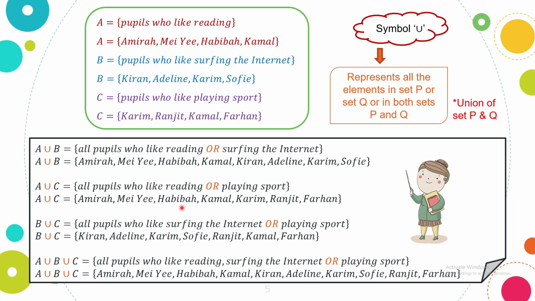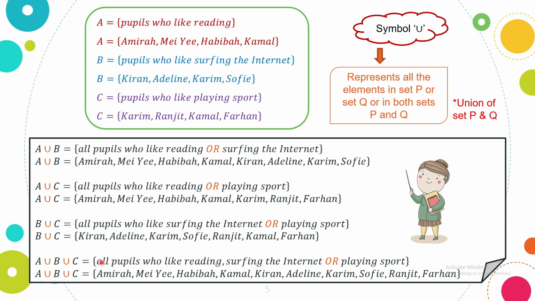Next is B union C: all people who like surfing the internet or playing sport. This is the list of names: Kiran, Adeline, Karim, Sophie, Ranjit, Kamal, and Farhan.